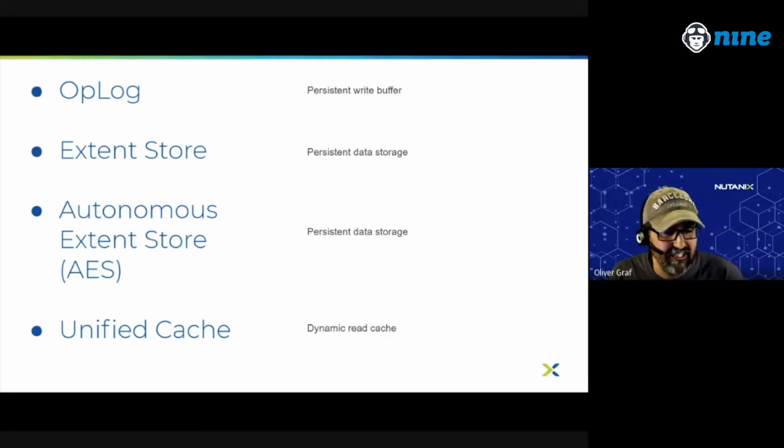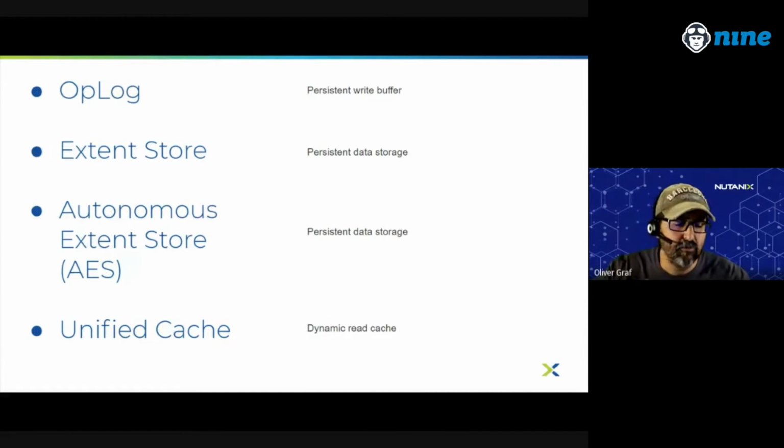Data entering the extent store is either being drained from the oplog or is sequential or sustained in nature and has bypassed the oplog directly. So Nutanix ILM, the information lifecycle manager, will determine tier placement dynamically based upon IO patterns and will move data between tiers, therefore.